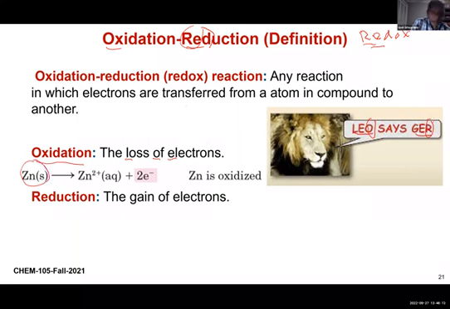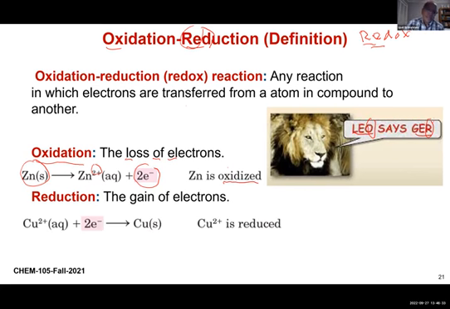For example, this is one of the reactants. It loses 2 electrons and produces the zinc 2 plus ion. So 2 electrons are lost from zinc; zinc is said to be oxidized. Another example, for reduction, is the copper 2 plus ion, which gains electrons.